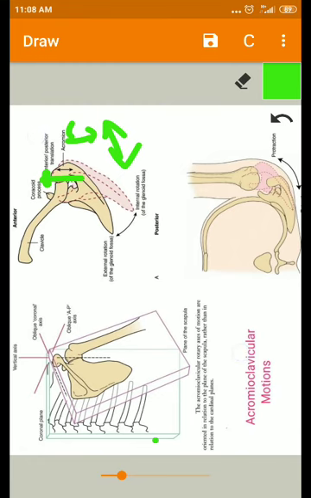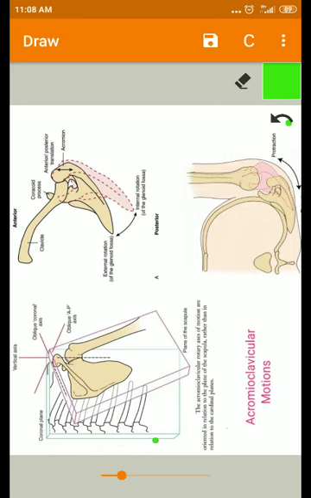So these are all the motions which are taking place at the acromioclavicular joint. Because these translations occur in three different directions, this joint is having 3 degrees of freedom of motion at the acromioclavicular joint.